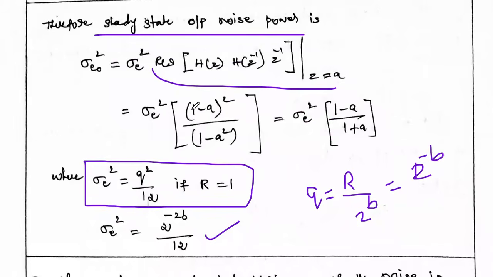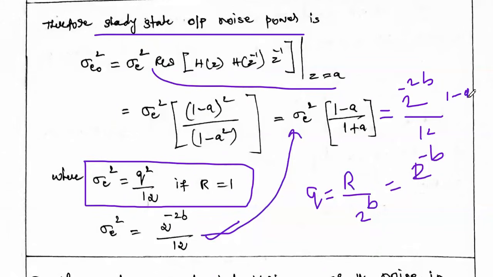Okay, so you can write 1 minus A the whole square as 1 minus A into 1 minus A. This 1 minus A squared can be written as 1 minus A, 1 plus A. So 1 minus A cancelled, and finally you get 1 minus A divided by 1 plus A. So instead of sigma e squared, you substitute 2 to the power minus 2b divided by 12 into 1 minus A divided by 1 plus A. Here the A value is not given in our problem.